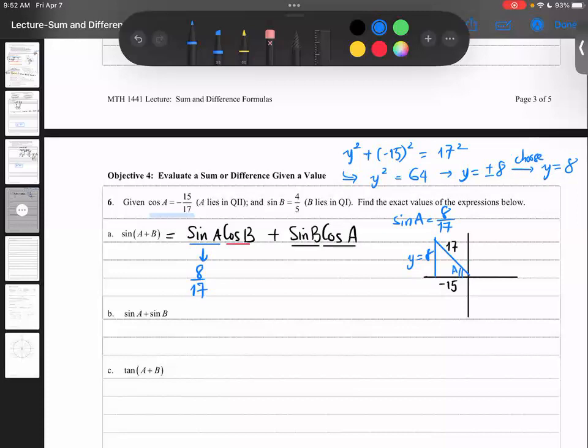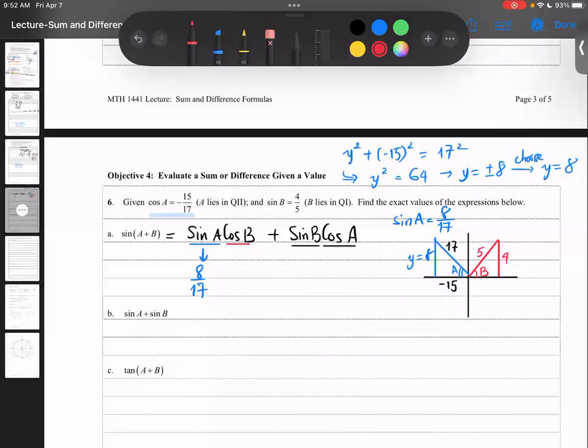Cosine B is going to be in quadrant 1. By the way, angle A and angle B are not equal. Don't assume that they're equal. They have different values. Side B is opposite, which is 4, over hypotenuse, which is 5.